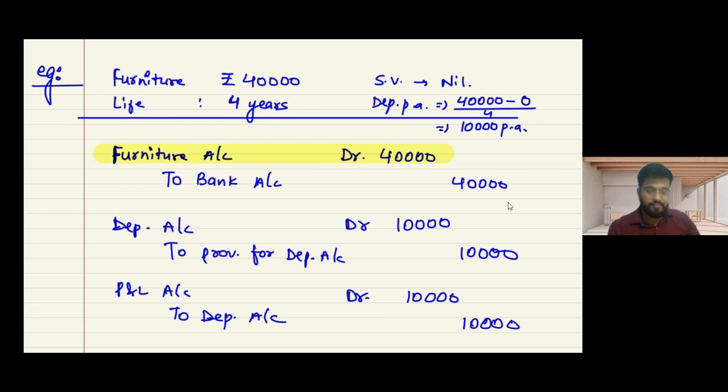So if you see here, your depreciation account is debited here and credited here. So the depreciation account is knocked off, but this is not knocked off. This we need to show in the balance sheet as a negative to the asset.